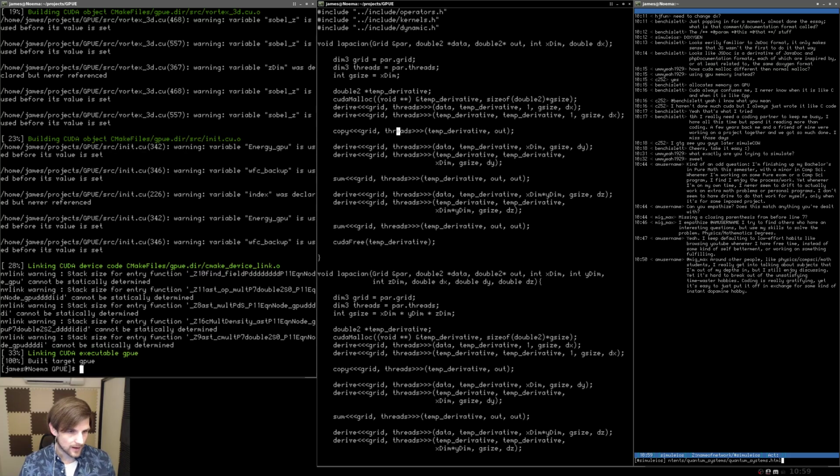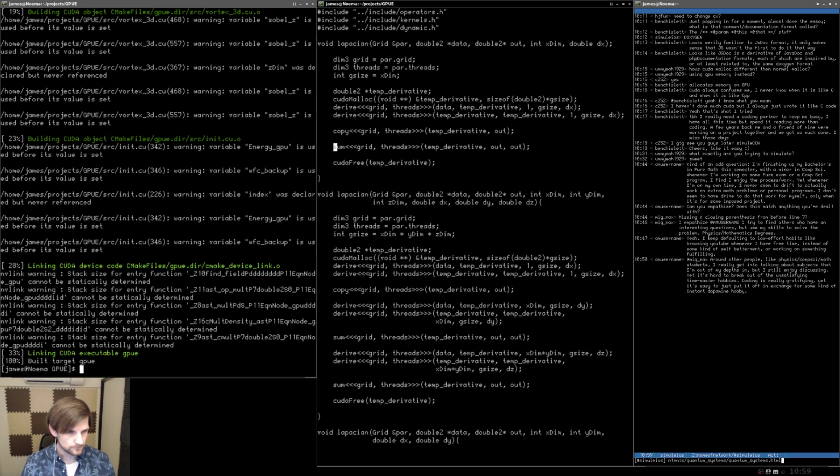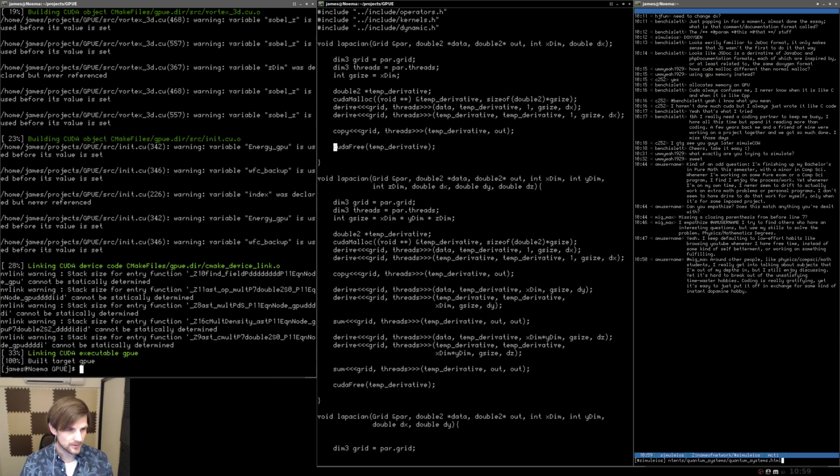And then we stop at some here. There. And then we free the temp derivative. Now, do we even need the temp derivative in this case? So we're going to copy the temp derivative to out. We might not need that. We don't need a sum, definitely. So we can just derive data onto out. And then we can do the same thing here.